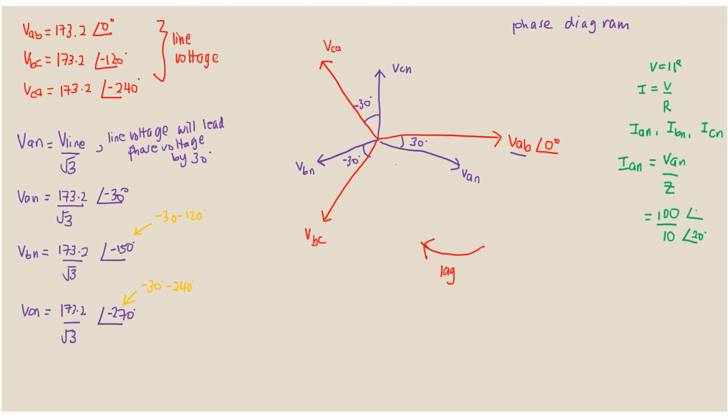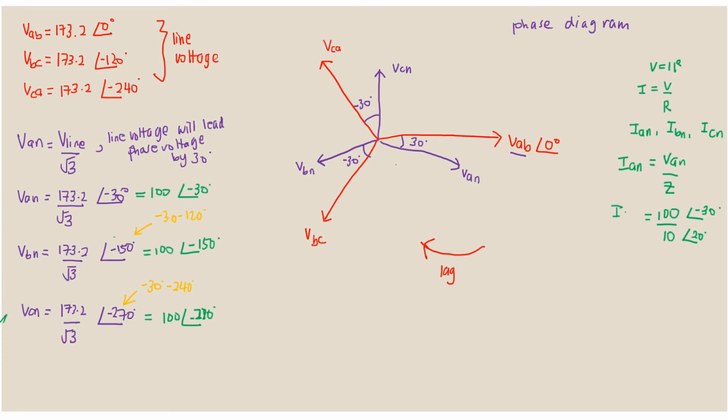From VA, if I simplify, you will get 10, and VBN, if you simplify, you will get 100 at negative 150, and VCN, if you simplify, you will get 100 at 270.